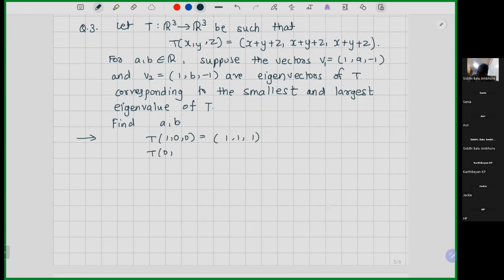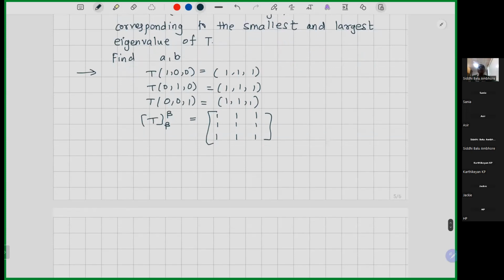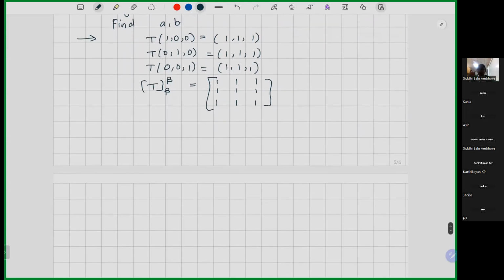T of (0, 1, 0) is (1, 1, 1). And T of (0, 0, 1) is (1, 1, 1) again. So if I call this the standard matrix, it will be 1, 1, 1, 1, 1, 1, 1, 1, 1. Okay, and we now will calculate the eigenvalues of this matrix.